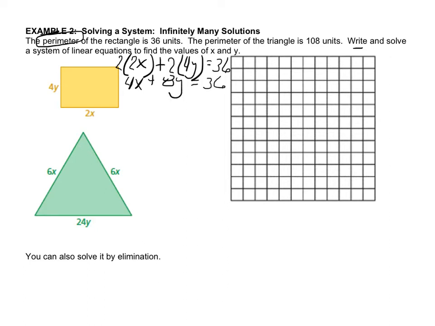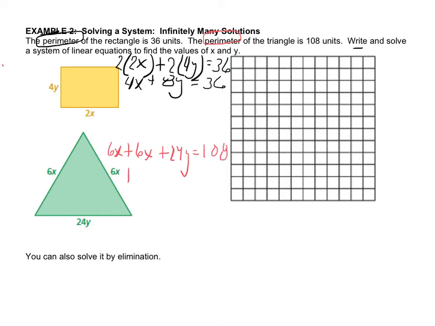So there's the first of our 2 equations. Then I want to look at the second one, the triangle. We know the perimeter of a triangle is, again, just add the sides. This time we're given the number 108. So I just have to do 6x plus 6x plus 24y equals 108.